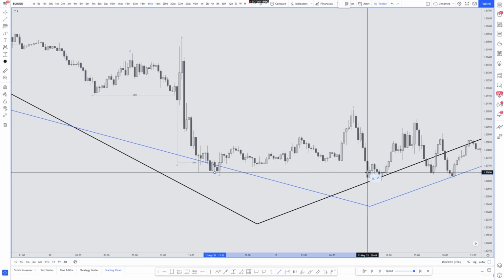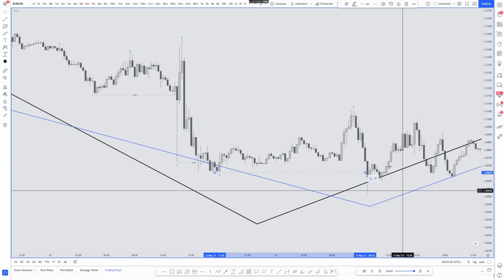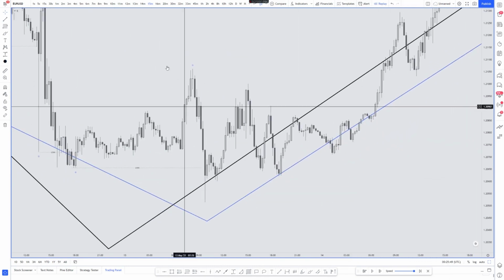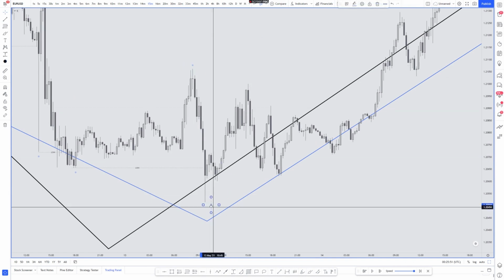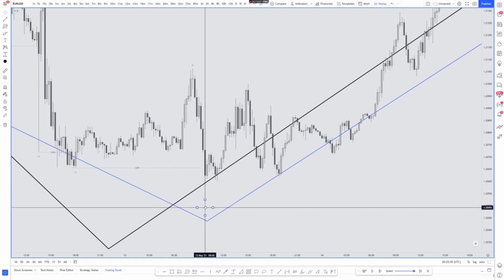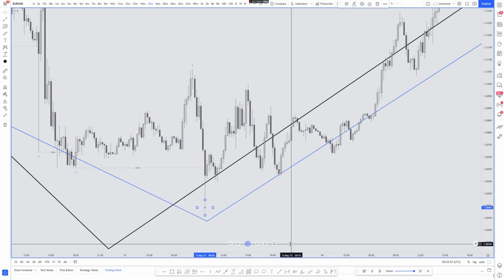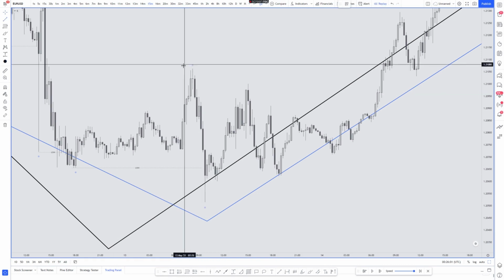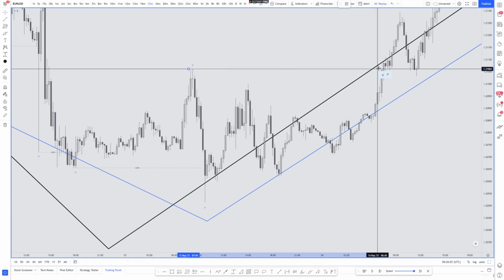And you don't really have any structure till this low goes. Now here we have another low point. This is also a 4-hour and a daily low, as you can see with our blue and black lines. And you don't have any structure till this high goes.